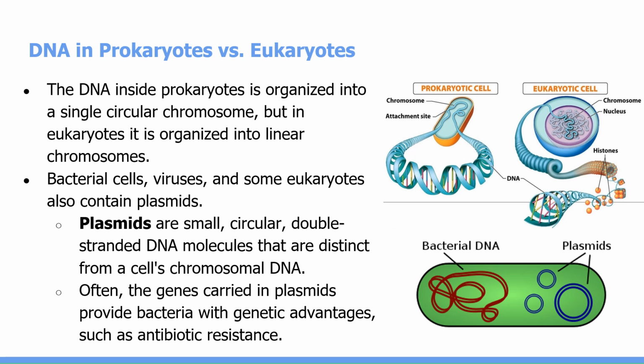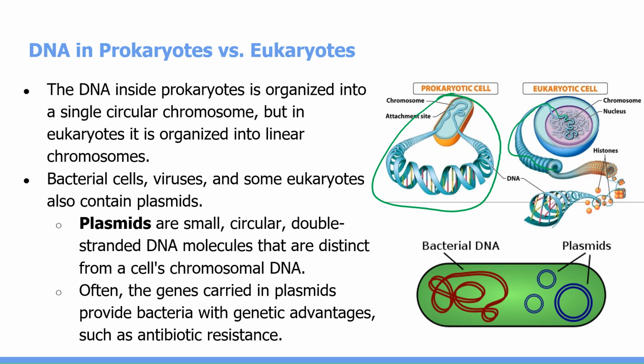The DNA inside prokaryotes is organized into a single circular chromosome as seen here. And then the eukaryotes have a linear but compressed chromosome. Now, bacteria, viruses, and some eukaryotes contain plasmids. But what are plasmids? Plasmids are small circular double-stranded DNA that are distinct from a cell's chromosomal DNA.